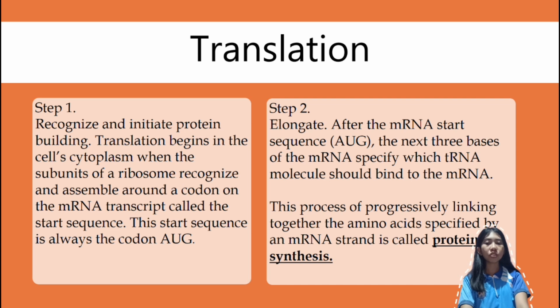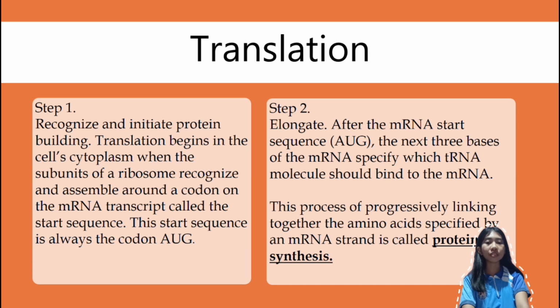This happens when the subunits of a ribosome recognize and assemble around a codon on the mRNA transcript called the start sequence. The starting codon is AUG, decoded as methionine, which is always the first amino acid in any protein that is produced.